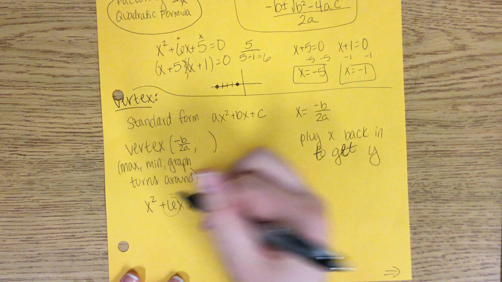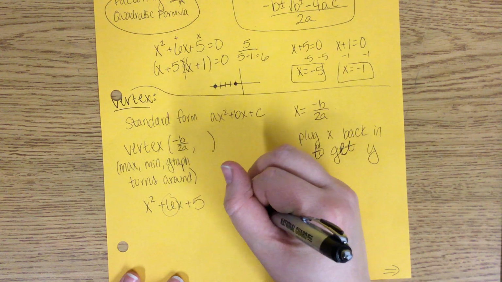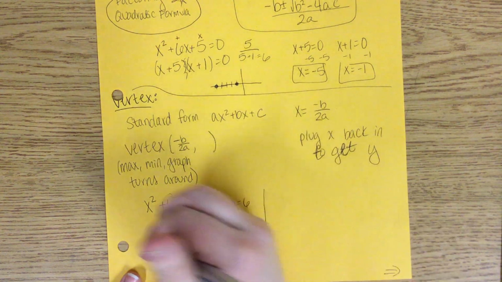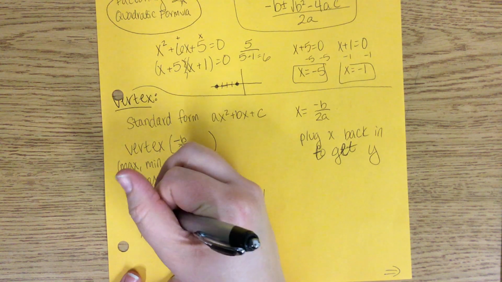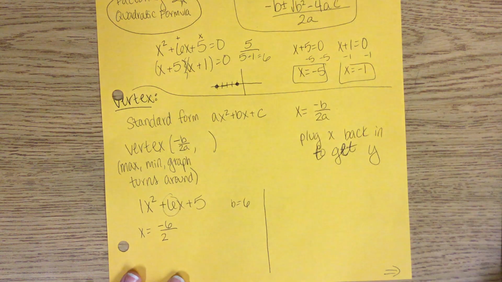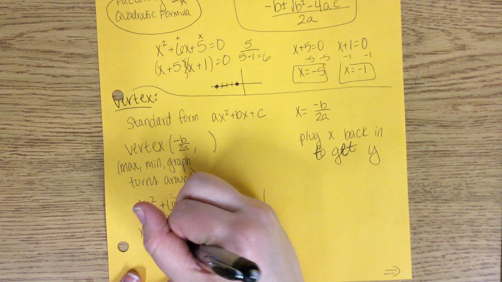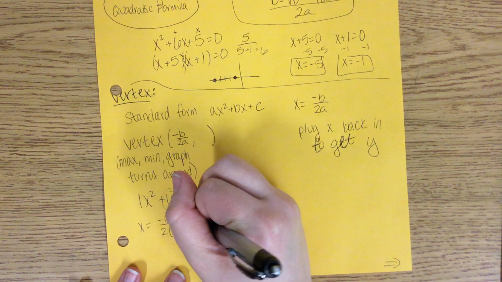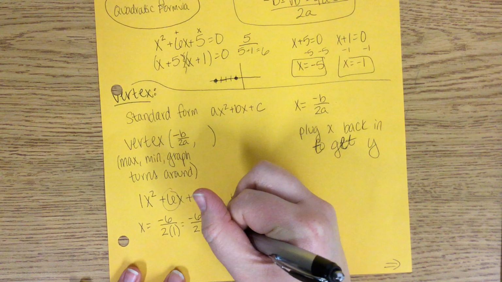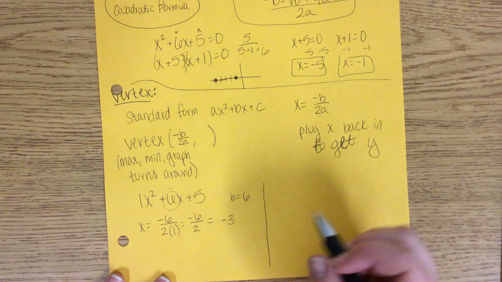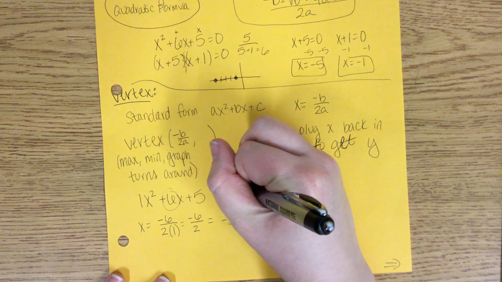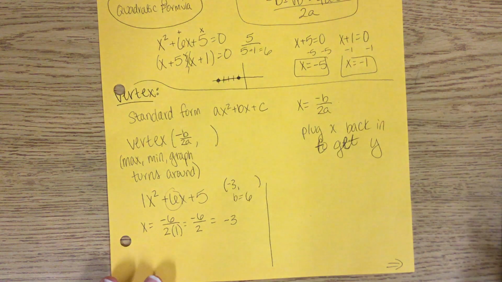I know b is my 6, so I need negative b. So negative 6 over 2 times a, remember, which is a 1. So if there's no number in front, there's really a 1, which is really negative 6 over 2. And if I divide that, I get negative 3. So this is my x-coordinate. So my vertex is negative 3 comma something.